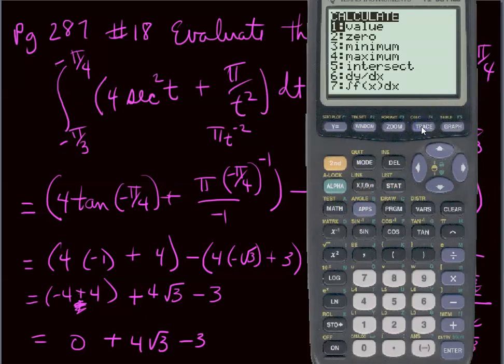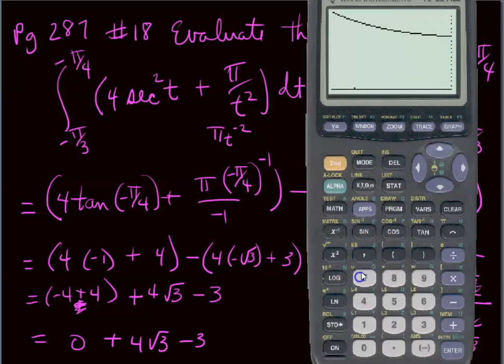Second trace gets me to the calc menu. 7 gets me to the definite integral. Now the lower limit is a negative pi divided by 3. Better work this time. Yep. The upper limit is a negative pi divided by 4. And now it can find it.